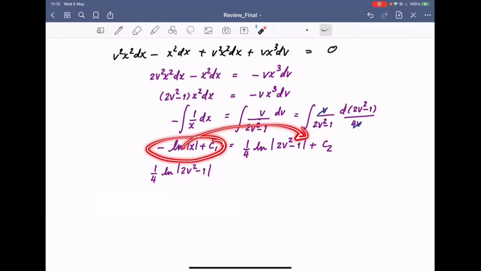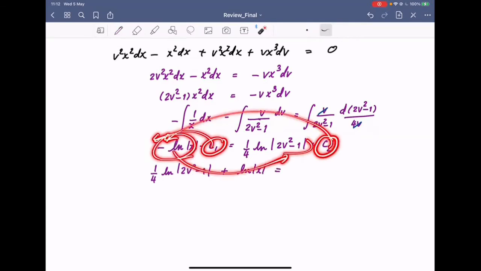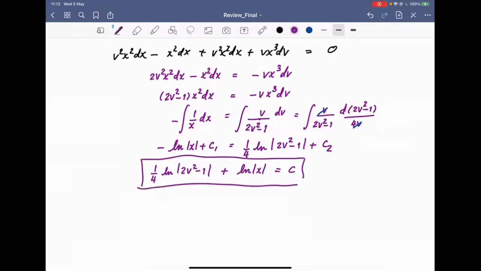So the sign is gonna be positive for both terms. So I'm gonna get plus log absolute x. And then all constants C1 and C2 here, I'm gonna just group on another side. You know, just simplify it. So you're gonna get that.